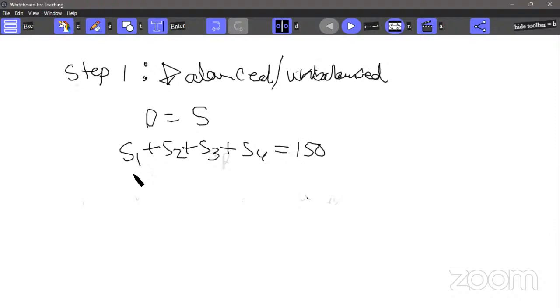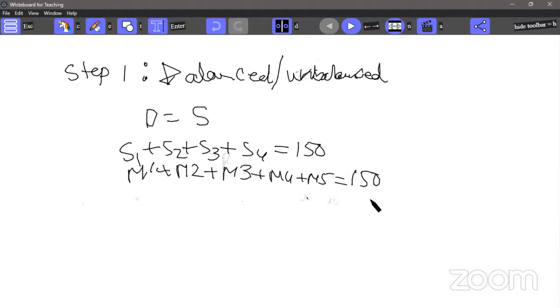Total demand is M1 plus M2 plus M3 plus M4 plus M5, which is also 150. So this is a balanced problem.